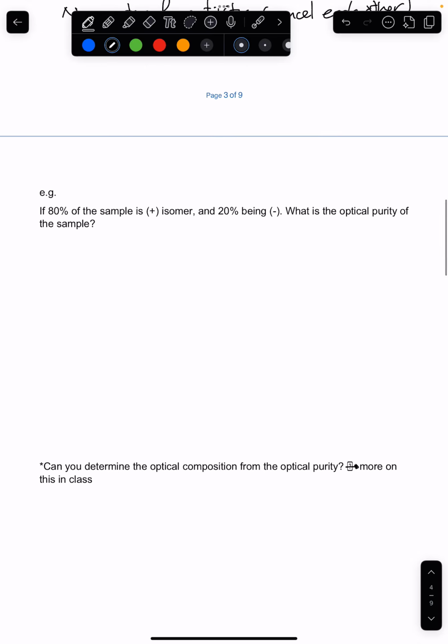Now, what if 80% of the sample is dextrorotatory isomer and 20% of the sample is levorotatory? What is the optical purity of the sample? Well, this is something maybe we'd like to think about in class.